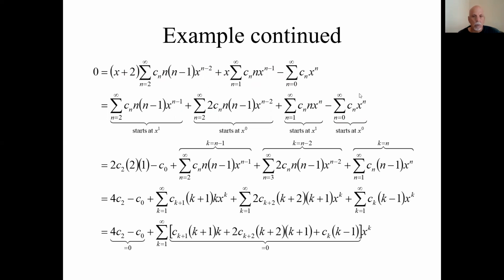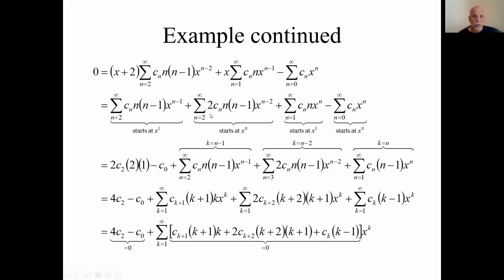So now we see where each sum starts, what power of x. N equals 2 means x to the 1. That's where it starts. N equals 2 here means x to the 0. N equals 1 means x to the 1. N equals 0 means x to the 0. We want all of them to start at the same power of x. So we want to pull off this guy's first term and this guy's first term.